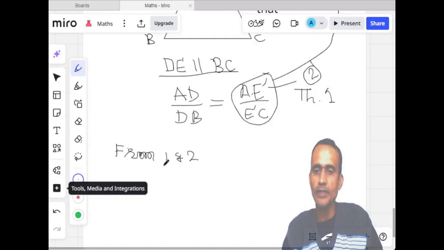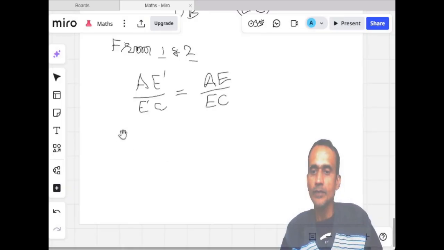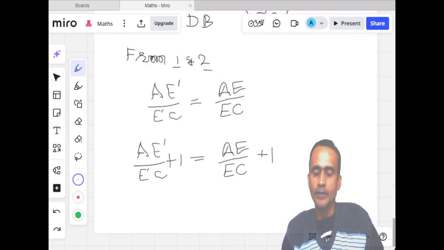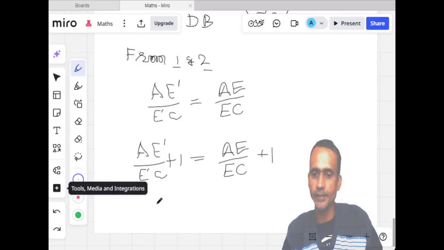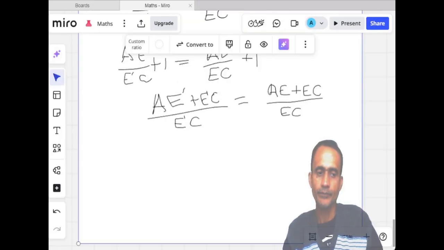So from equation 1 and 2, we get AE dash by E dash C equal to AE by EC. Let us add 1 to both sides of this equation. If we add 1 on both the sides, we get AE dash plus E dash C by E dash C is equal to AE plus EC divided by EC.